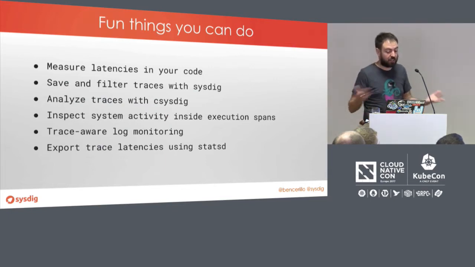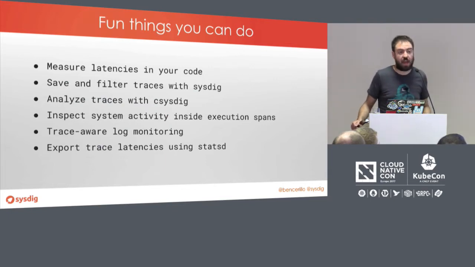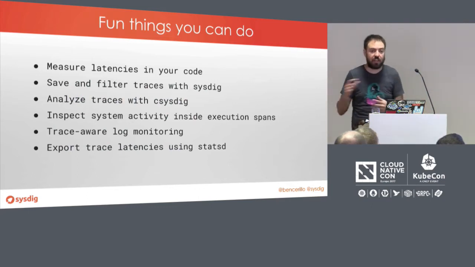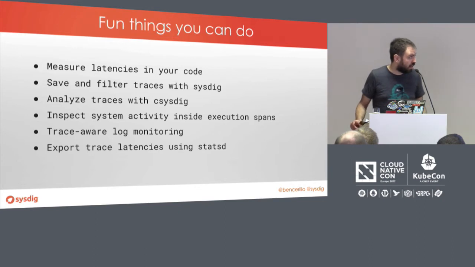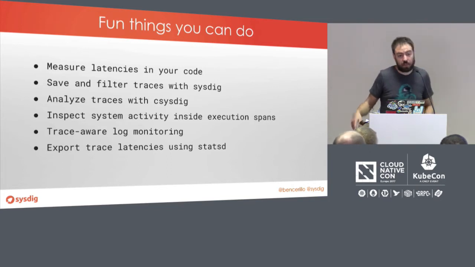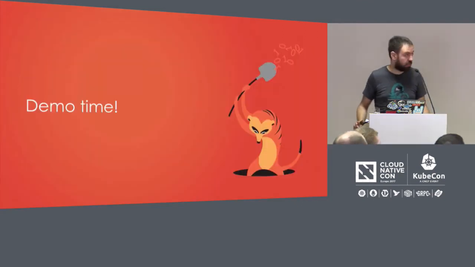I can do trace-aware log monitoring: if I have some code that's doing logging, but I want to see only the logging inside the span, I can do that. And we can export these metrics. They have a metric associated, the latency, for example, and we can export them into StatsD and get some graphs. We're probably going to see that.